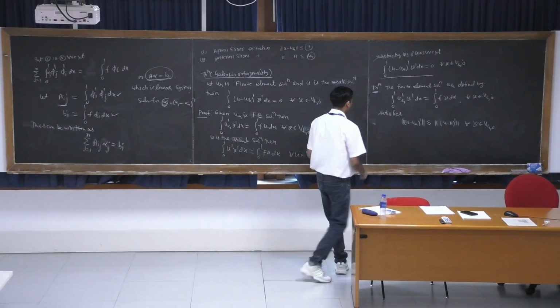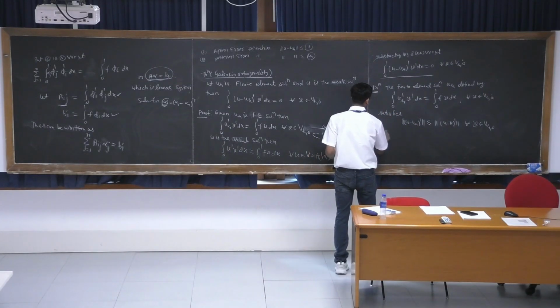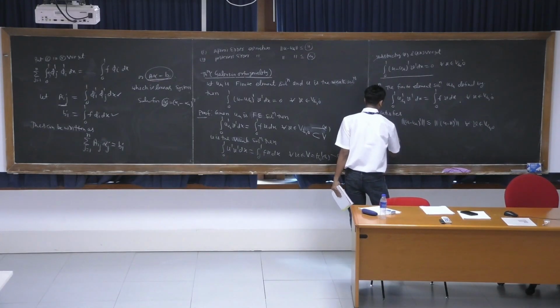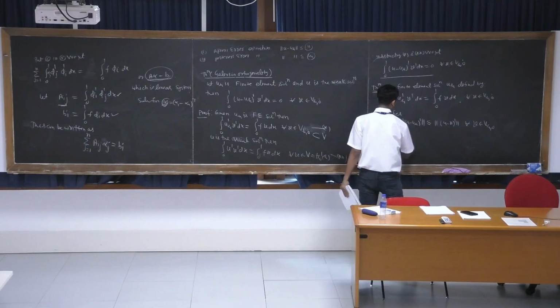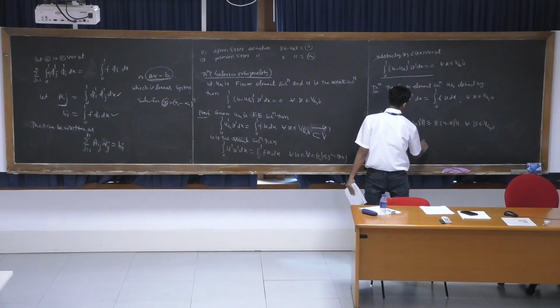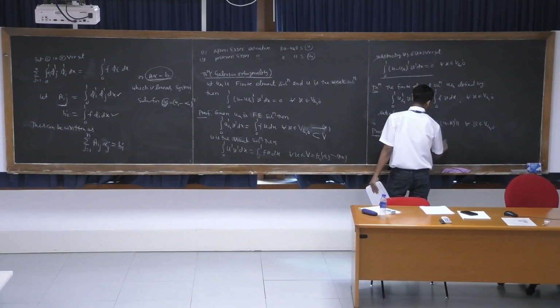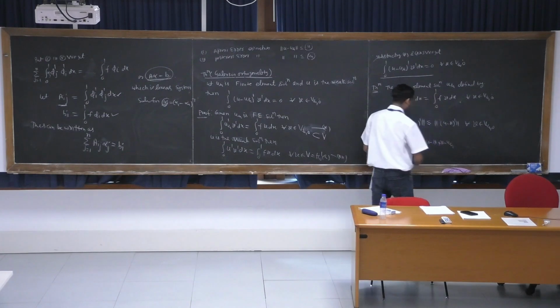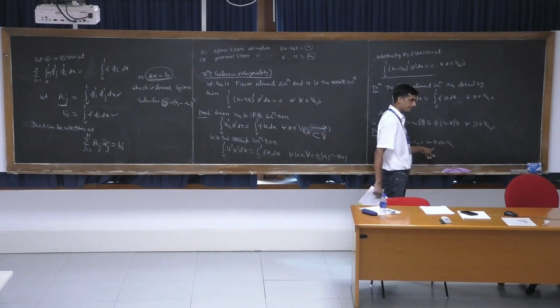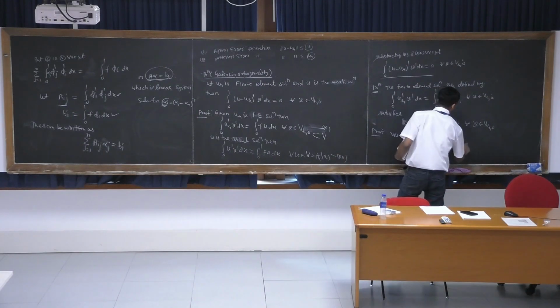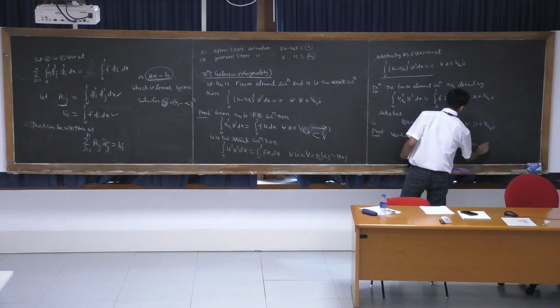Okay, so now if you want to prove this, we have u minus uh. I can write this as u minus v plus v minus uh. What I have done is just add and subtract v, for any v belonging to Vh0.